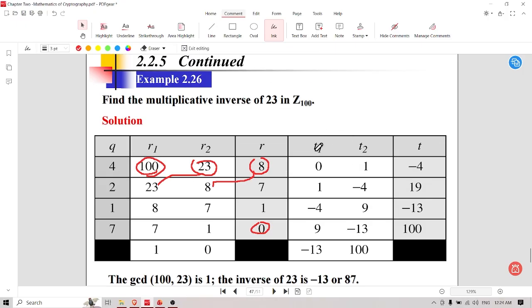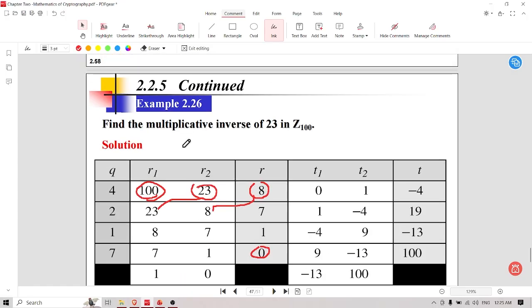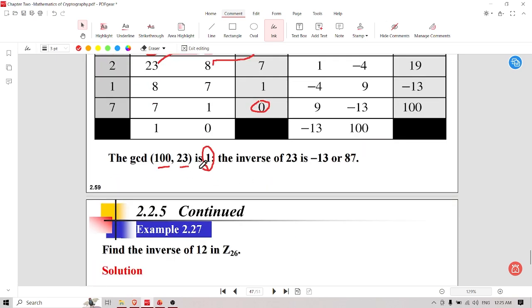How about the T1 and T2? Now we will find the T. In here it says the GCD of 100 and 23 is 1. And no wonder, because if it was not 1, it would mean that there's no multiplicative inverse. Now, yes, there is a multiplicative inverse, and we will find it.